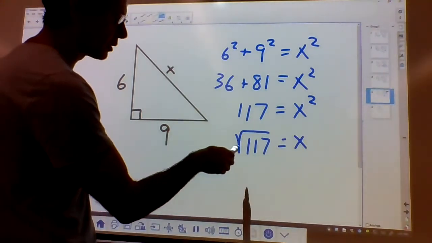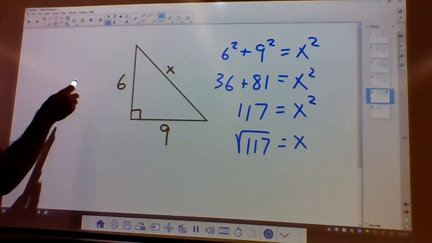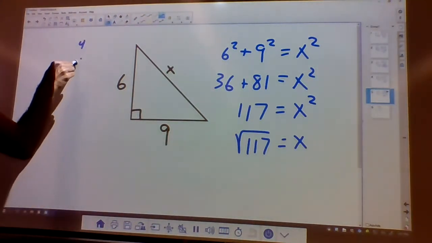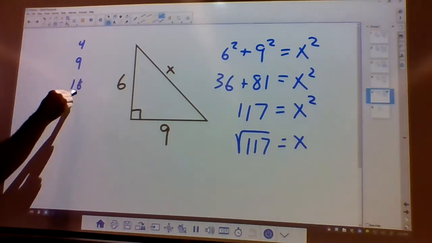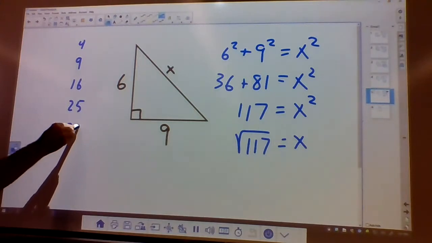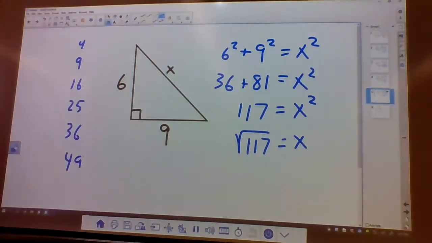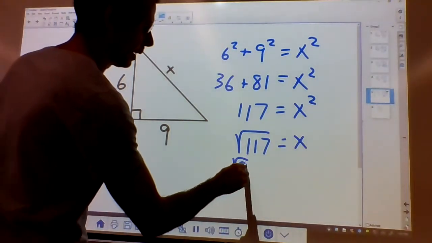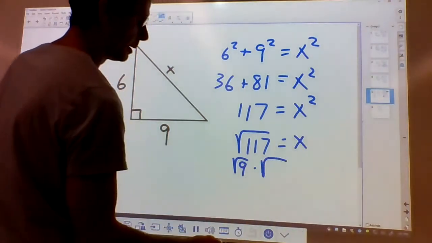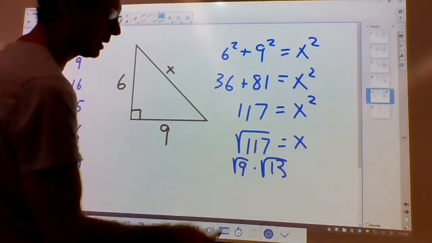Now, when you break down the radical, it means there's a perfect square that goes into here. So let's say you had this list of perfect squares in your head, 2 squared, 3 squared, 4 squared, 5 squared. Which one of these goes evenly into 117? And the answer, 9 goes in evenly. So this could be broken down into radical 9 times radical 13. 9 times 13 is 117.